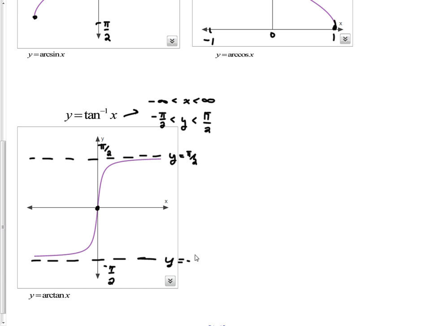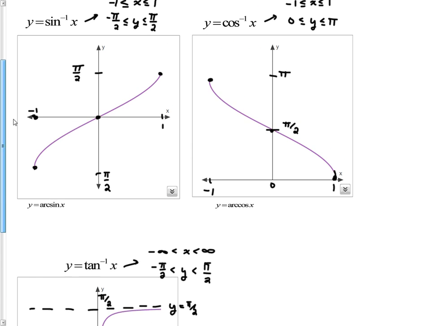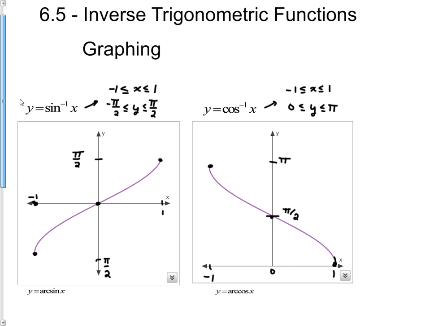Okay, so given these values, given these parameters, how would we handle some of these graphs? Well, a good way of thinking about it here is to imagine that for the inverse sine and inverse cosine, we really are enclosing these particular values in a box. And I kind of think of the box this way.